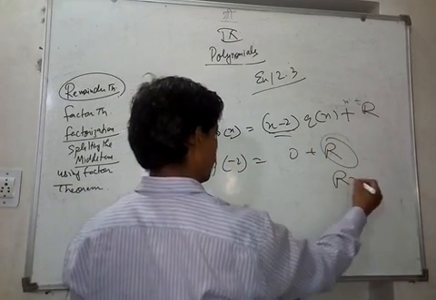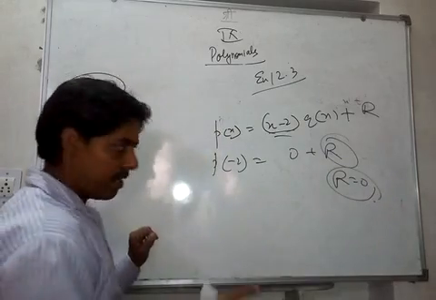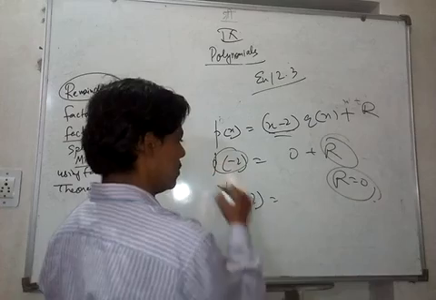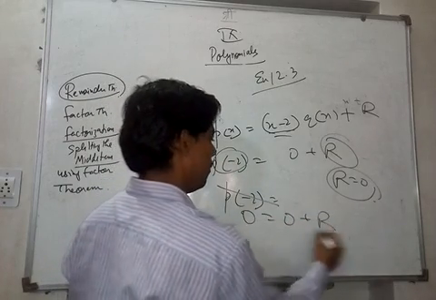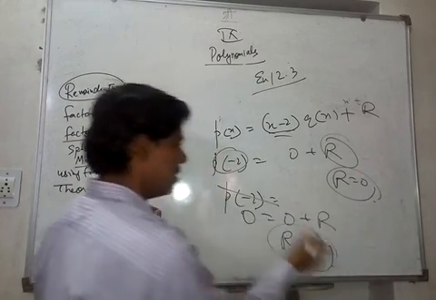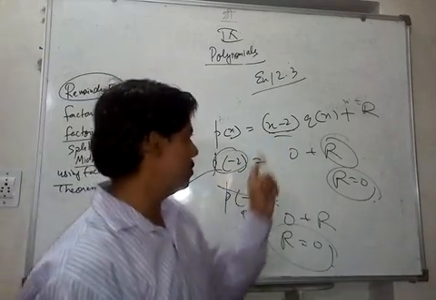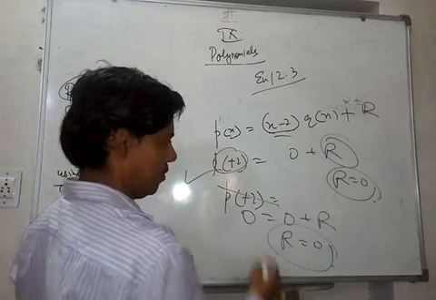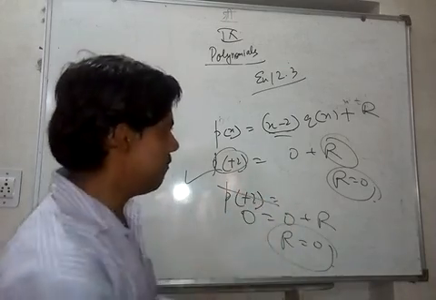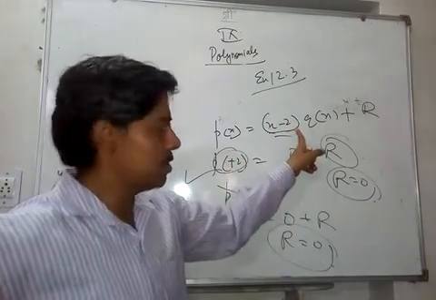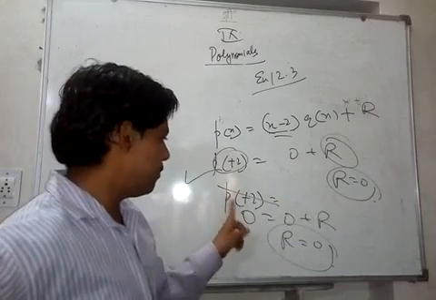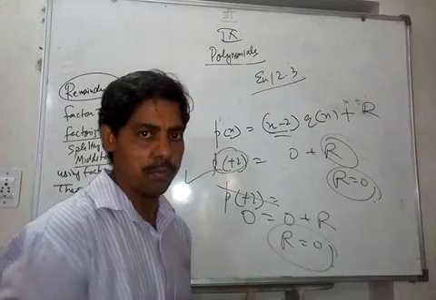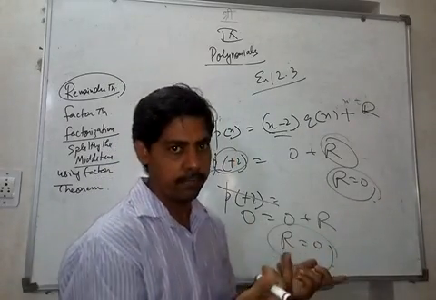If r is also 0, then p of 2 is 0, and if r is 0, then x minus 2 is a factor. Now if p of 2 is 0, then remainder is also 0, and then it is a factor.